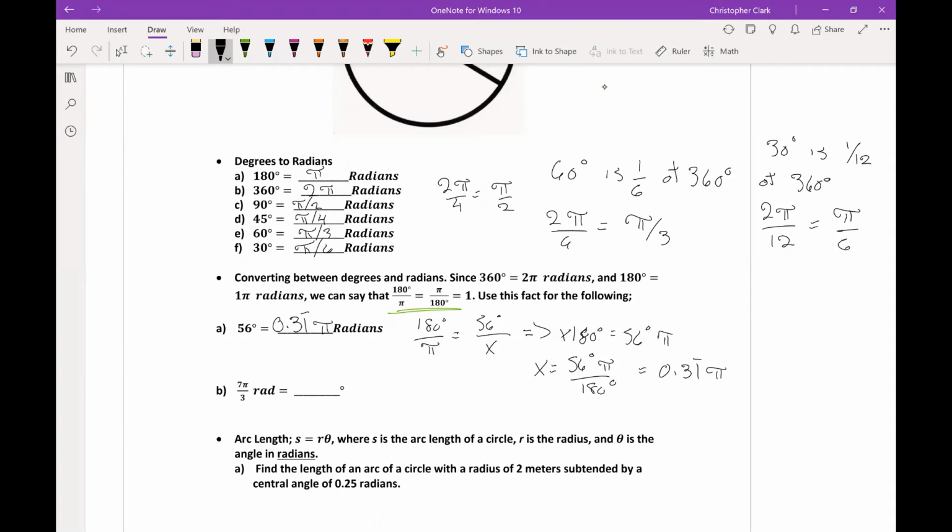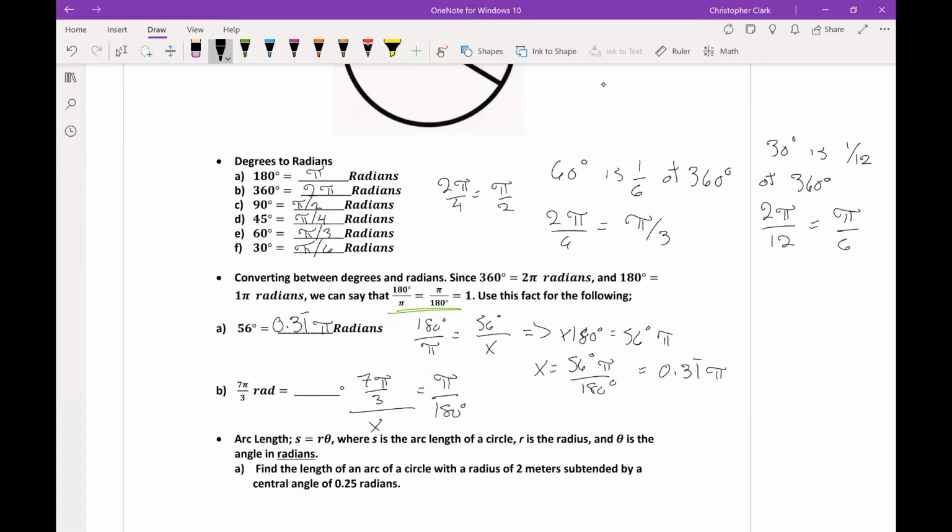Similarly, we'll use the same basic idea and say that 7 pi over 3 over some measure of degrees, we'll call this x degrees, is equal to, in this case, pi over 180 degrees.